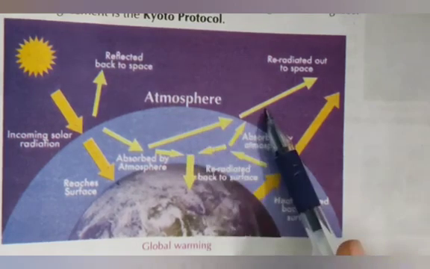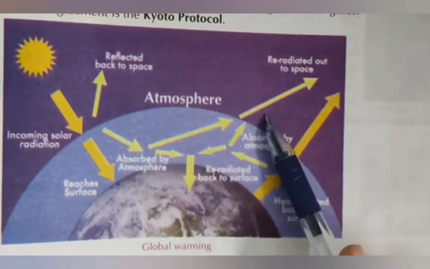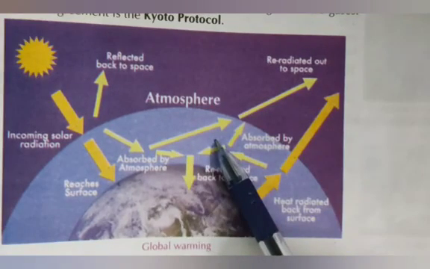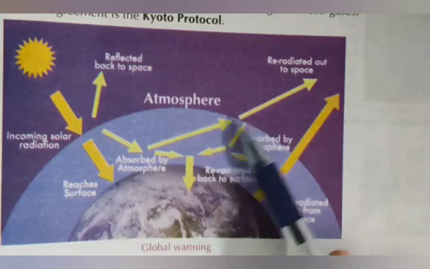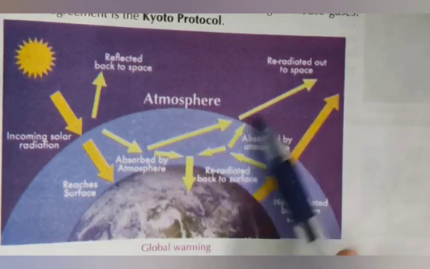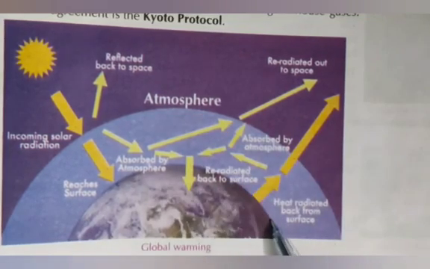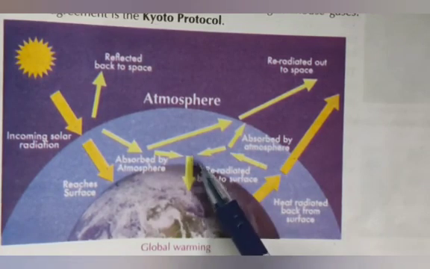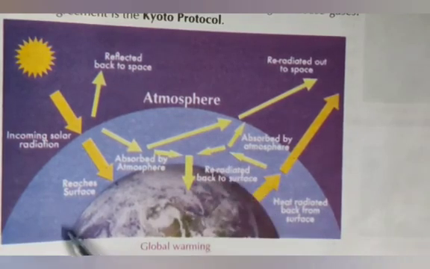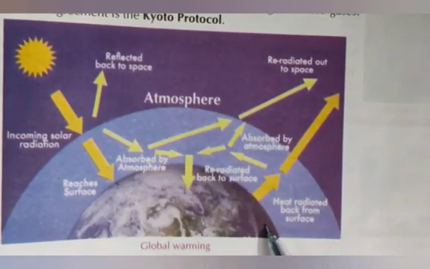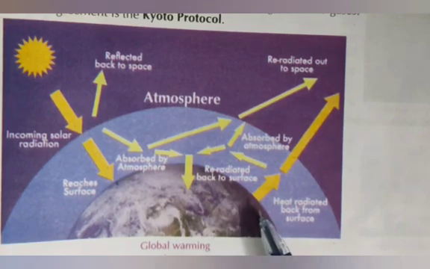These reflected rays are trapped by some gases like carbon dioxide and methane which is present in the atmosphere of the earth, and which results in the warming of earth. Means these reflected rays increase the temperature of earth. And this natural phenomenon that is responsible for heating the earth's surface and atmosphere is called greenhouse effect.